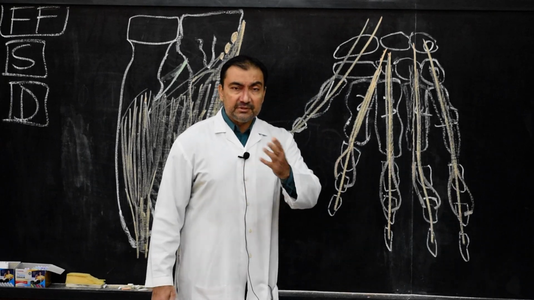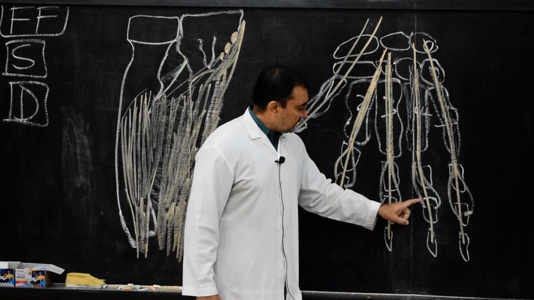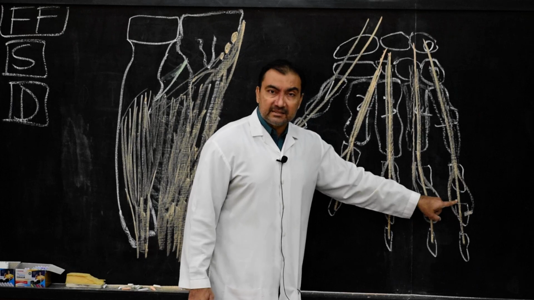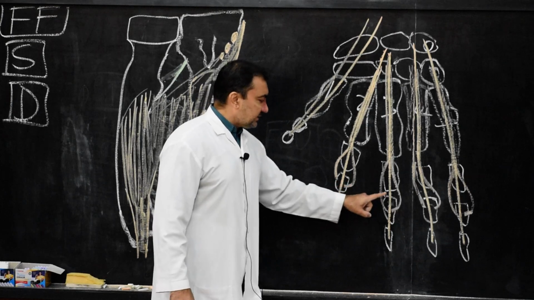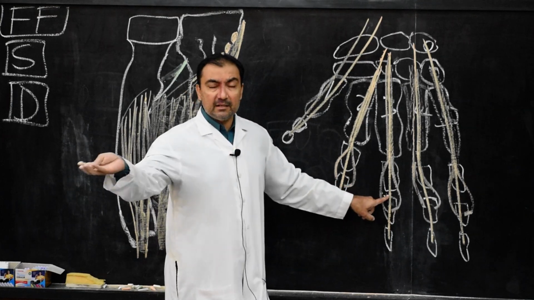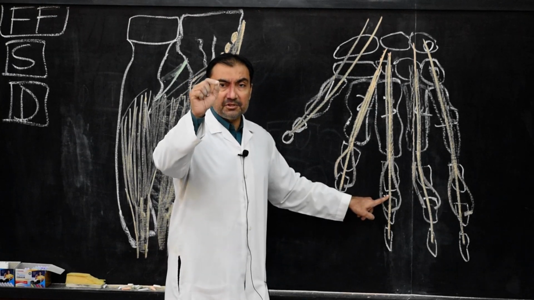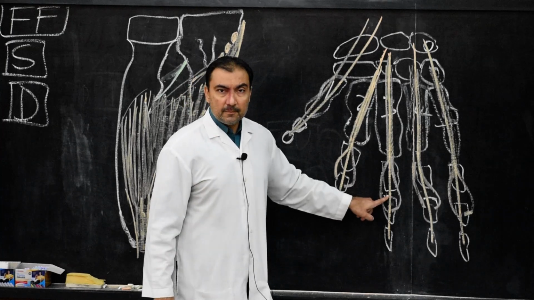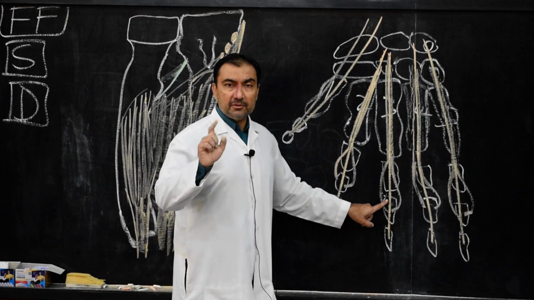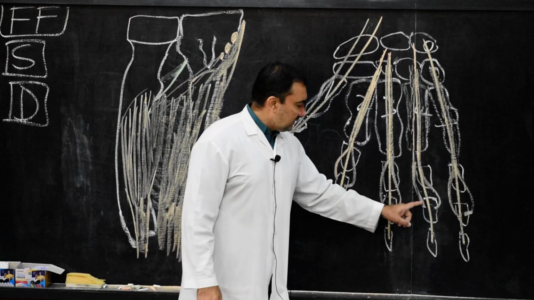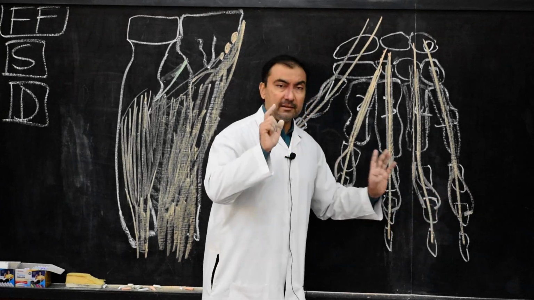It is often asked in MCQs this way: the medial half means the tendons of the ring and little finger are supplied by the ulnar nerve, and the tendons of the index and middle finger, which comprise the lateral half, are supplied by the anterior interosseous branch of the median nerve.